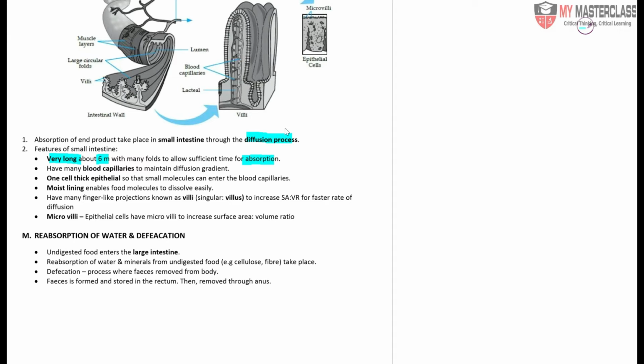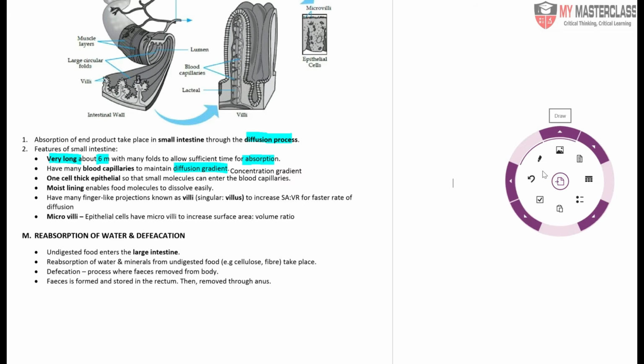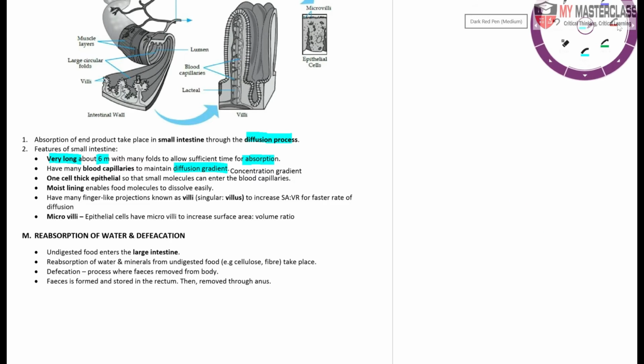Since it is diffusion, it will have to maintain a diffusion gradient, similar to what we know as the concentration gradient. As long as it is a high concentration gradient, it will allow absorption of substances much more rapidly. It is only 1 cell thick, so it will increase the surface area to volume ratio, and this happens hand in hand with the finger-like projections.